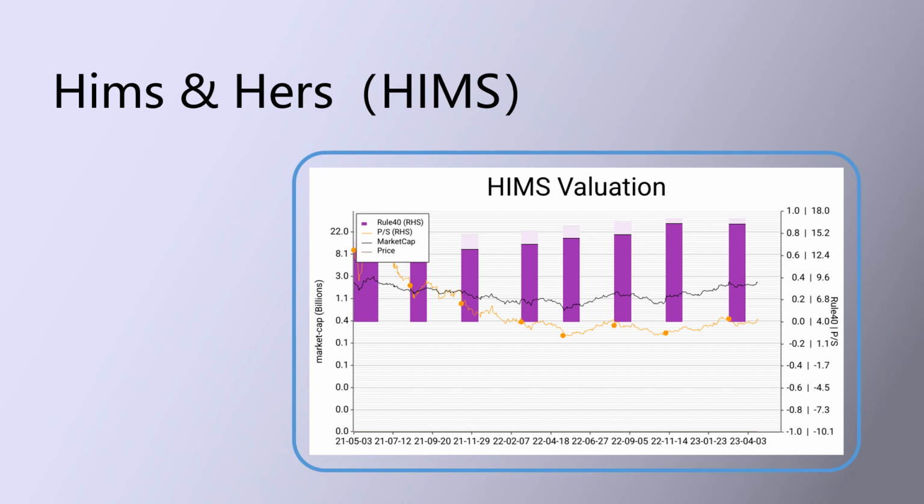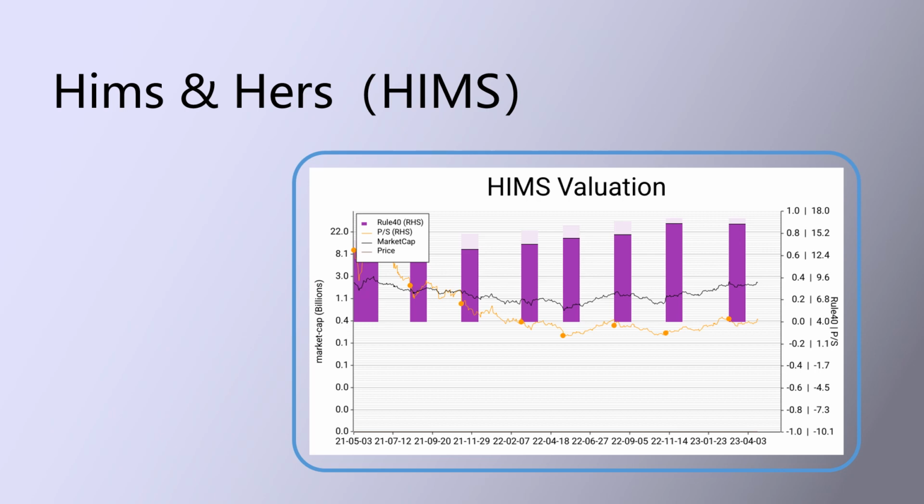Despite the company's success, Hims and Hers has faced headwinds in 2022 due to increased scrutiny from regulators and lawmakers. The company has been criticized for its marketing practices, which some have argued are misleading and target vulnerable populations. In addition, Hims and Hers has faced legal challenges related to its prescription practices and has been required to pay fines and settlements.